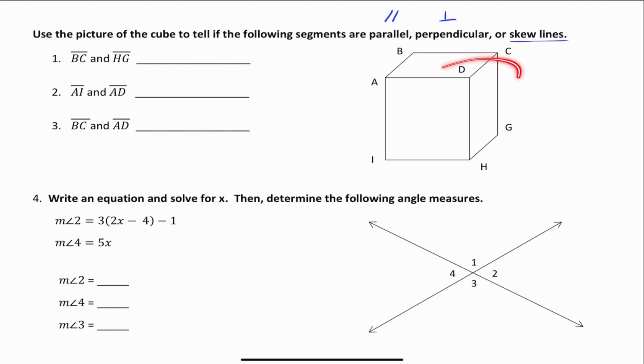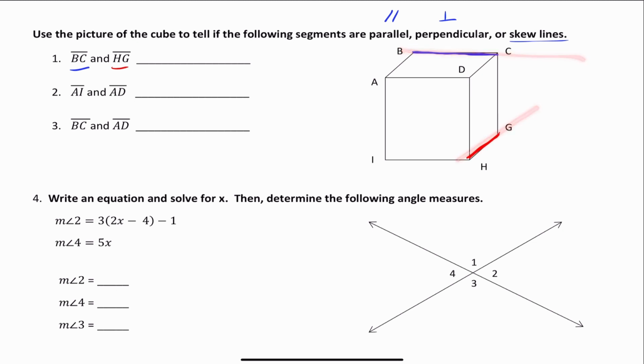So I have this image, this is my cube, and my goal here is to take a look at these two segments and tell me, okay, is it parallel, perpendicular, or skew? So here's BC, this is segment BC, and then HG would be right here. Notice that this segment is part of this plane, and this segment is part of that plane, and they're not going to intersect.